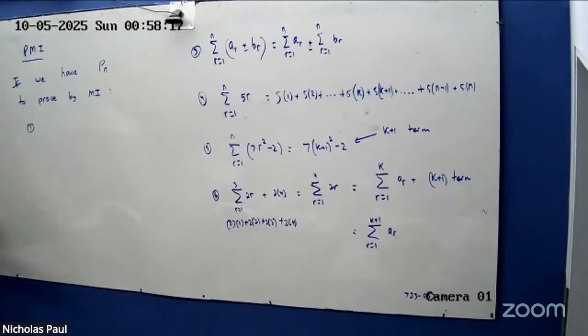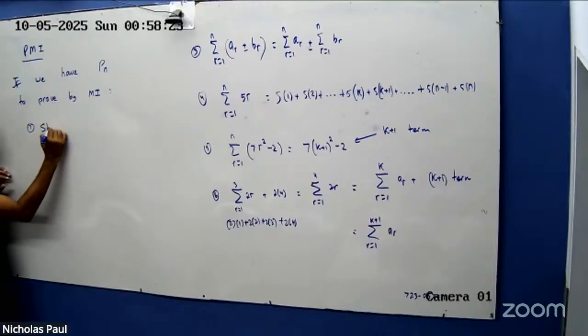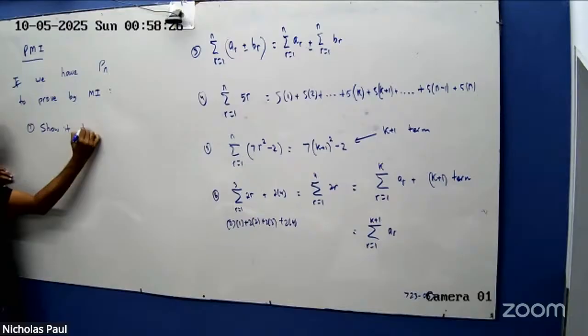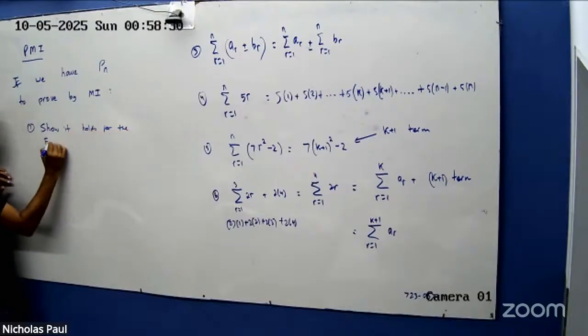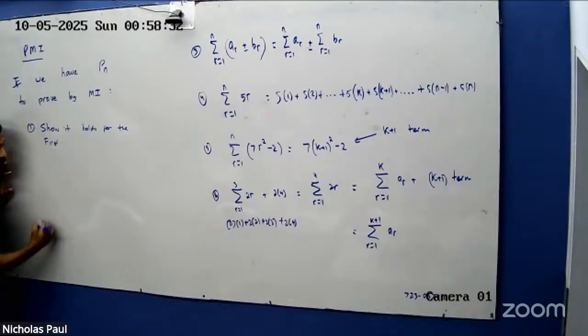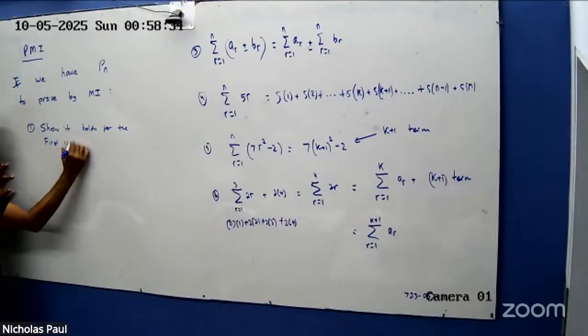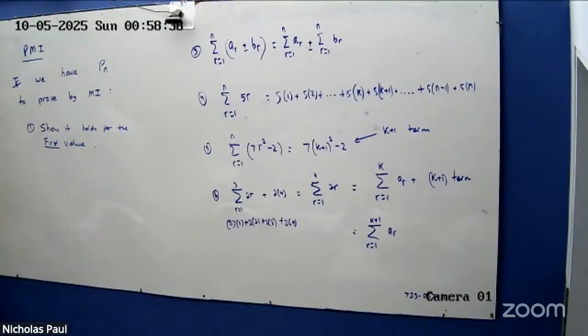Sometimes the first value is 1, sometimes it's not 1, but whatever the first value is, we have to show it holds. Most of the time this is n equal to 1, but not all the time, so I use the word first. If it doesn't hold, you probably chose the wrong path.